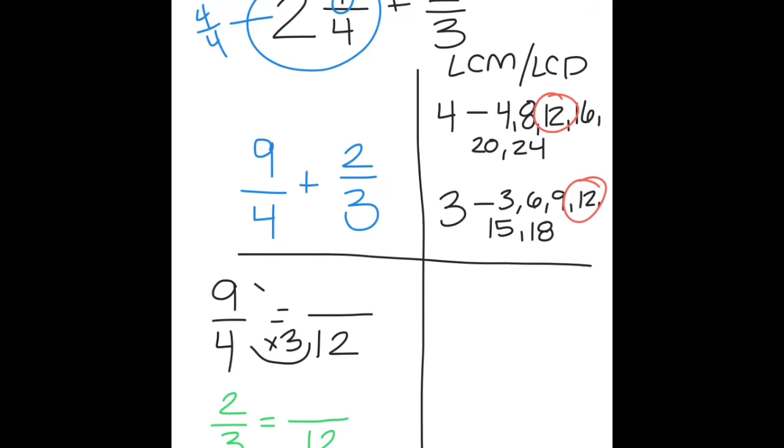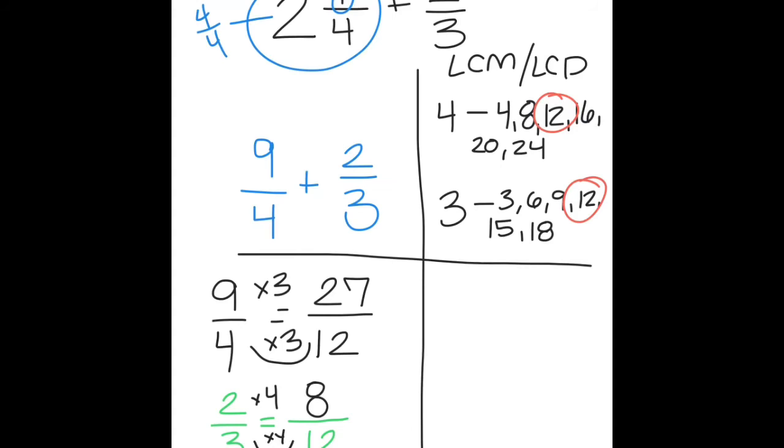Whatever I do to the bottom, I need to do to the top. 9/4 is equivalent to 27/12. To convert 2/3 into 12, thinking about how do we get from 3 to 12, we're going to multiply by 4. 2 times 4 equals 8. 2/3 is equivalent to 8/12.